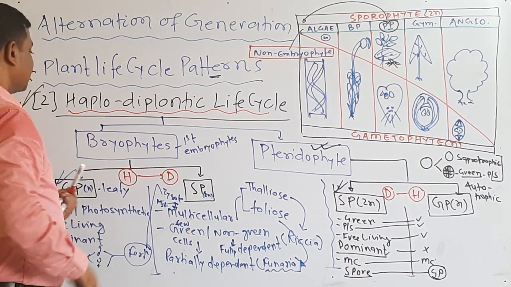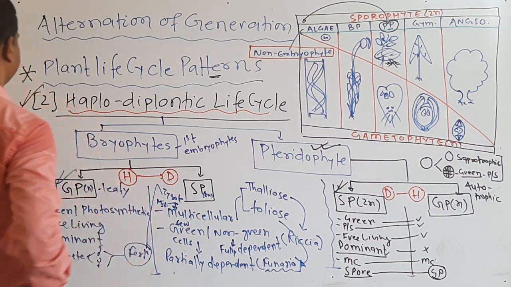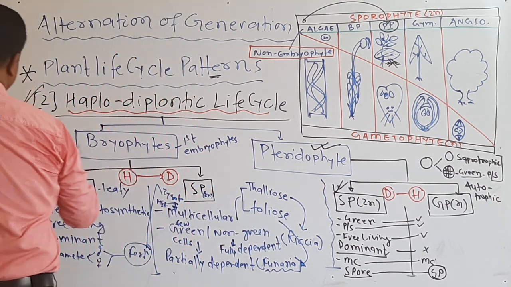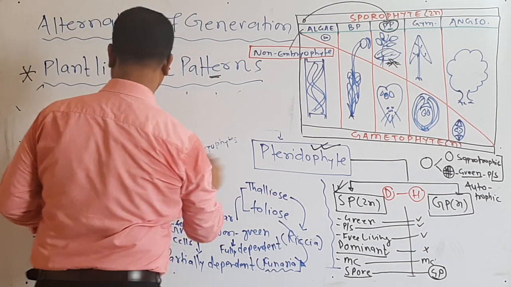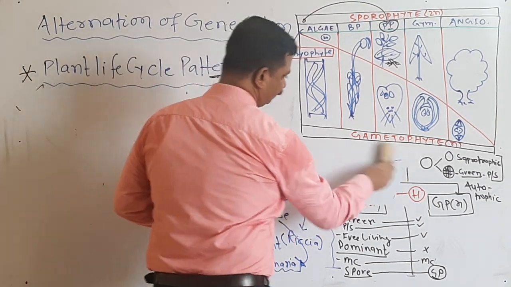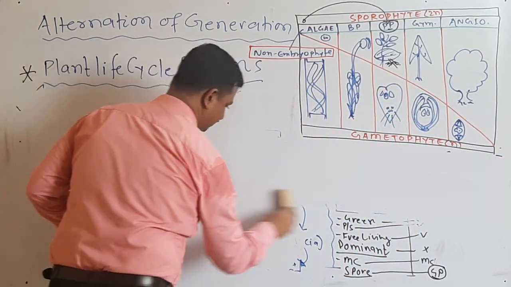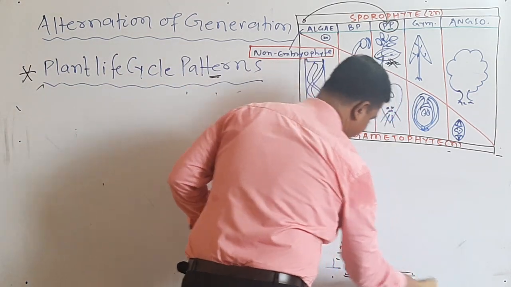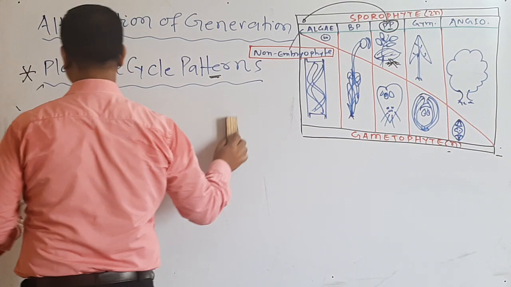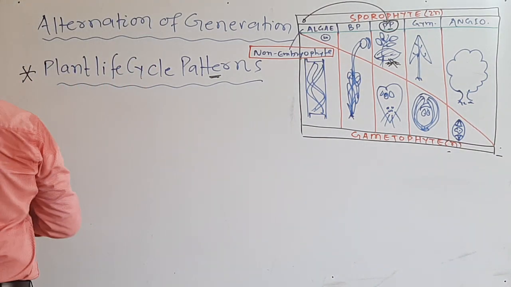Now see, the last topic we have is the diplontic life cycle pattern, the third one. So again, I will refer you to this diagram. By this presentation, you can find the figure of the diplontic life cycle as well as its characteristics.